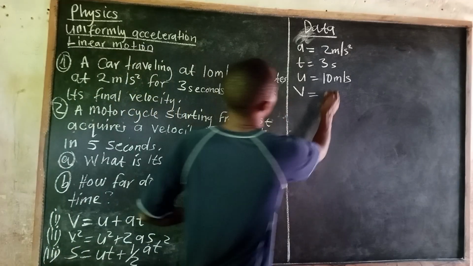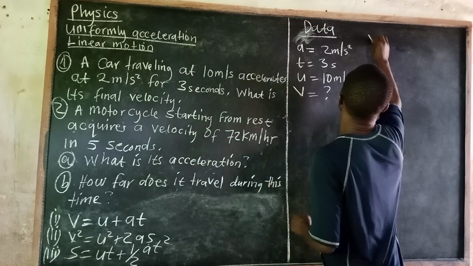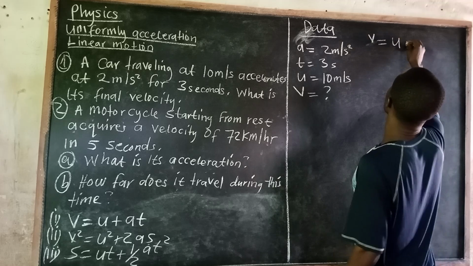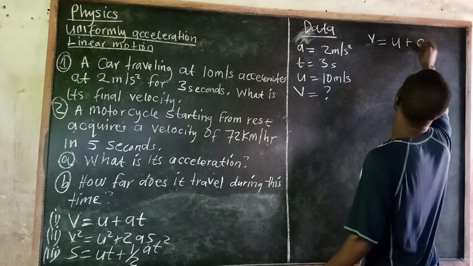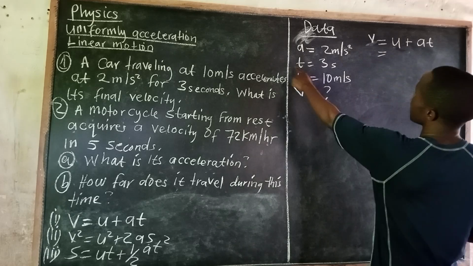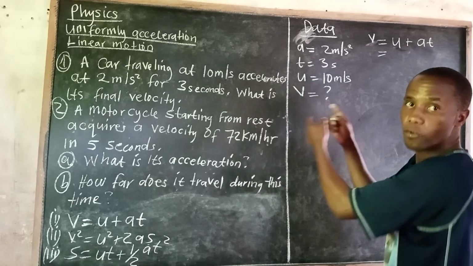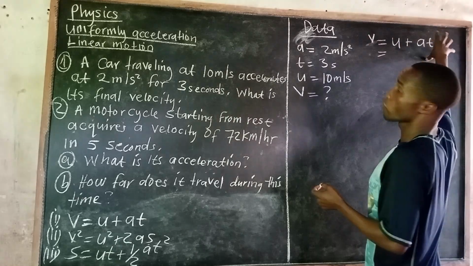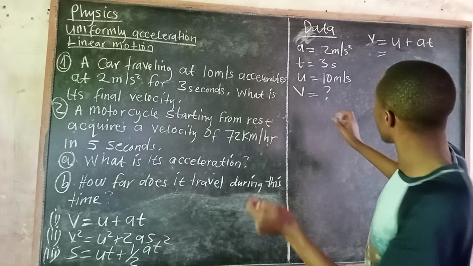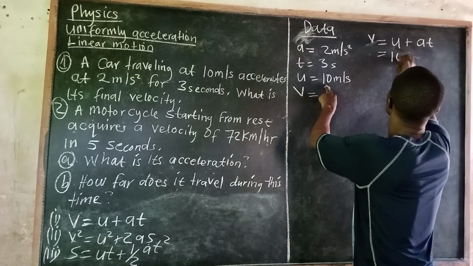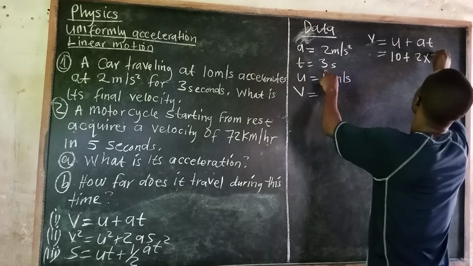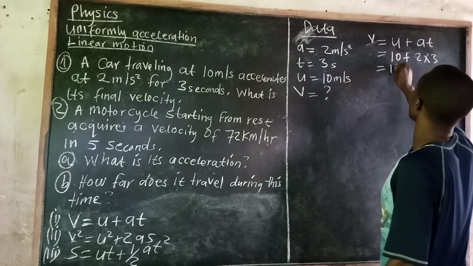So for final velocity, this is where we are going to introduce the formula. Final velocity is equal to initial velocity plus acceleration times time. So we are going to substitute now. That's the importance of collecting data, because when you introduce the formula, you just get back to the data. So we get 10 plus acceleration, 2, times time, 3.